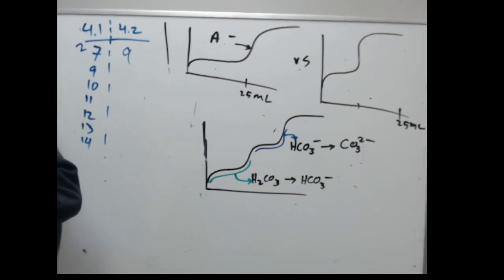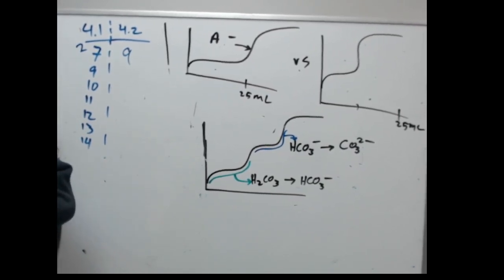So if we are at the equivalence point, we've added enough strong base to completely react away all of our weak acid and convert it to conjugate base. That means in solution, all we have is conjugate base interacting with water. And the conjugate base equilibrium is what will dominate and determine the pH.